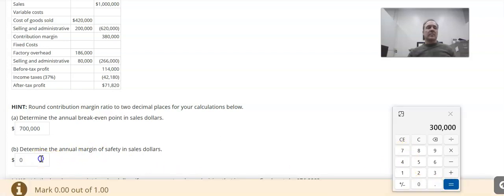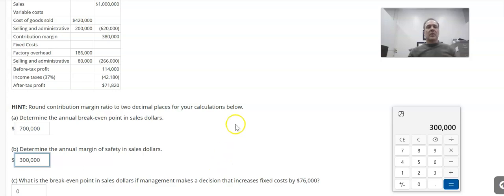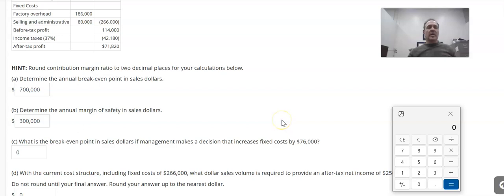So that's pretty easy. Okay, so we got that, so we probably don't need that anymore. We will put it back on there.